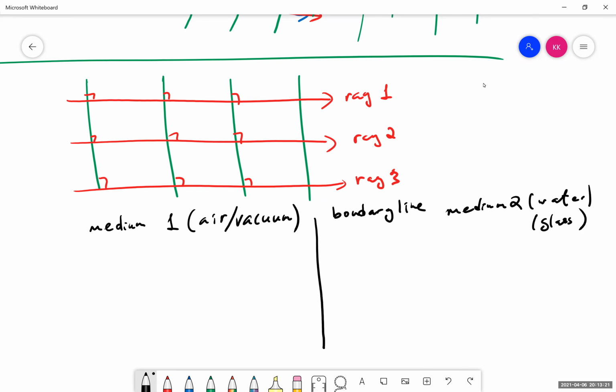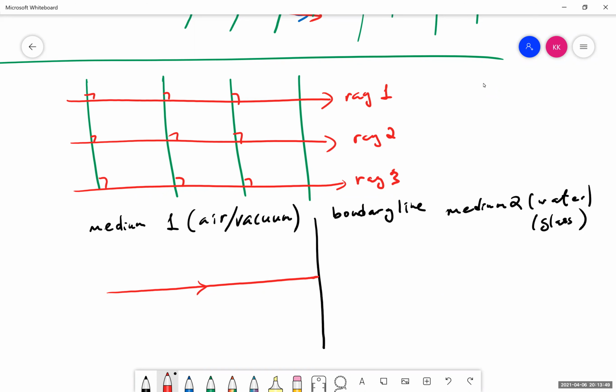So now imagine you have a light incident, coming in and moving toward the line that separates medium 1 and medium 2, the boundary line. Beyond that point, to the right, is the second medium. When the light hits the boundary line, two things will happen.